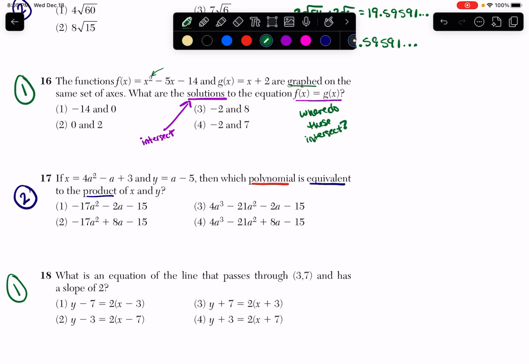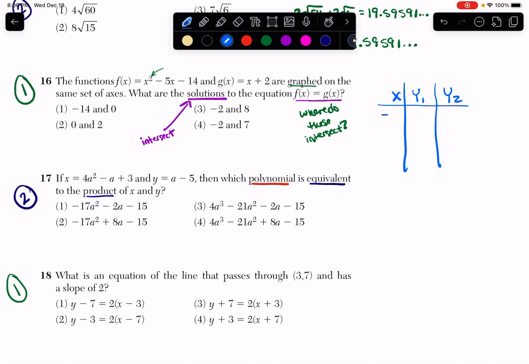We will use the button that's called trace a little bit more in January, but for now, we haven't used trace too much. So if I want to see what the solutions are, then maybe I'll just go to my table and see, okay, I know the intersections are when the y values are the same. In your table, you should notice that there are two places where these functions intersect.